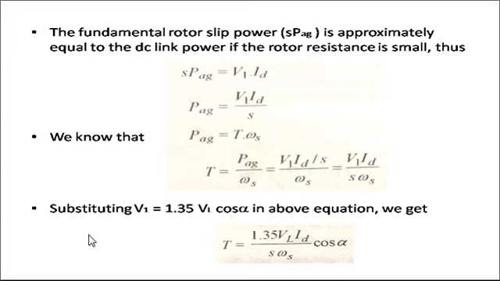Now substituting the value of V1 which we have previously derived, V1 equal to 1.35 VL cos alpha, in the above equation we will get T equal to 1.35 VL ID cos alpha upon S into omega s.